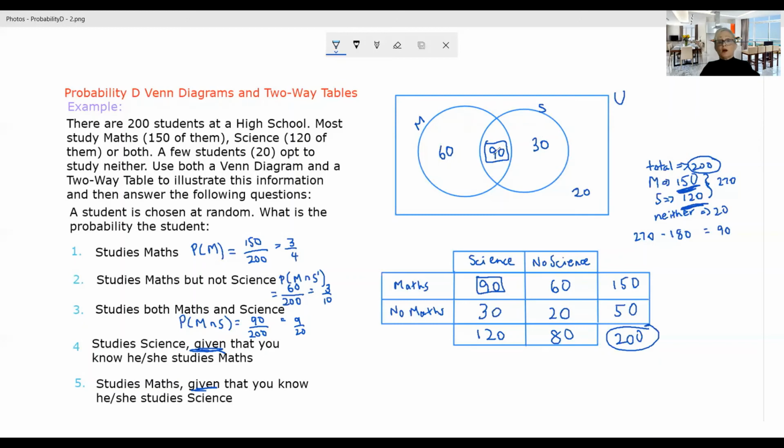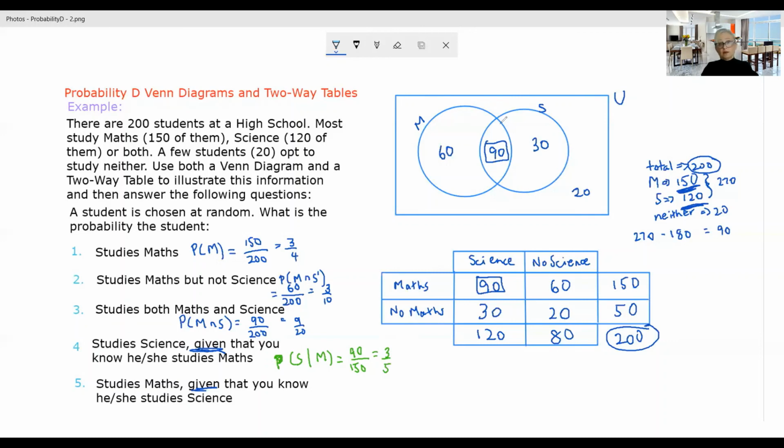So it would be 90 over the total for maths, which is 150. So probability, and we write it like this, science given maths is going to be our 90 over our 150, which is 3/5.